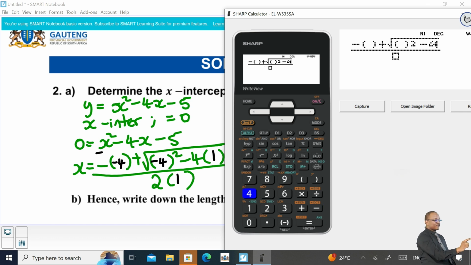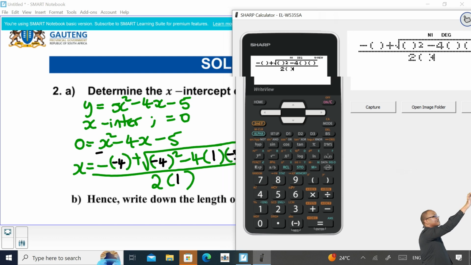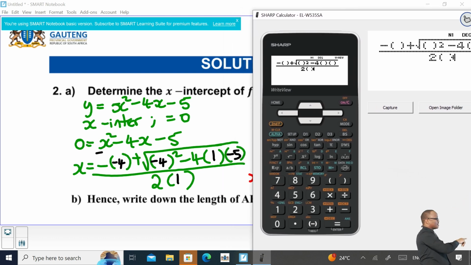You minus it by 4, open, close, you go down, you have 2, you open and you close. So you can see that this is the quadratic equation.